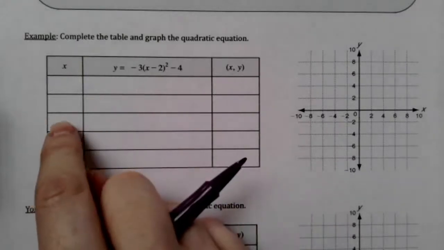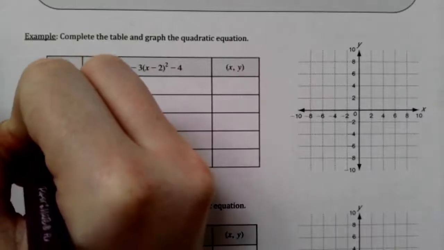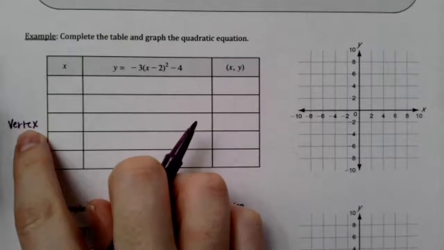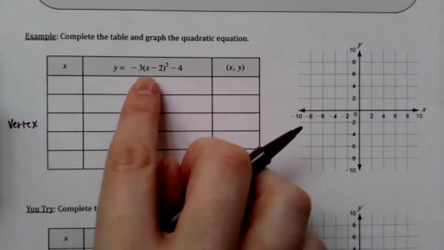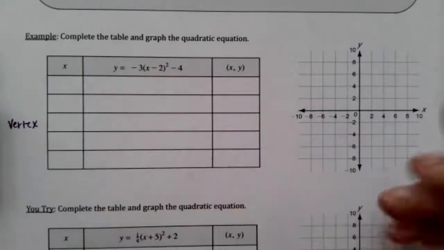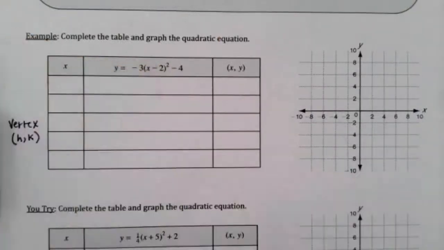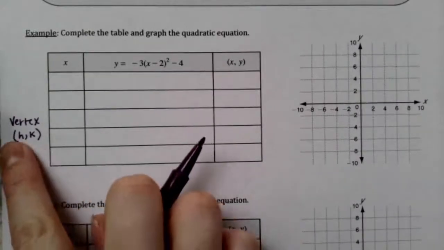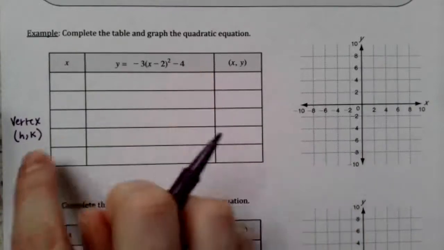And so what we want to do is find the center, which is the vertex. In the middle of your table will always go the middle of your quadratic, which is our vertex. And in vertex form, which this is because we have parentheses, our vertex is (h, k). h is inside the parentheses and k is outside.